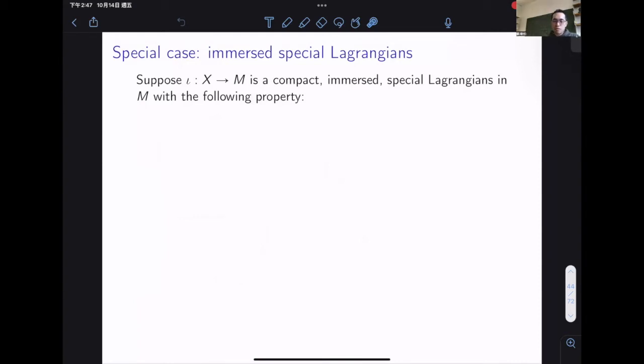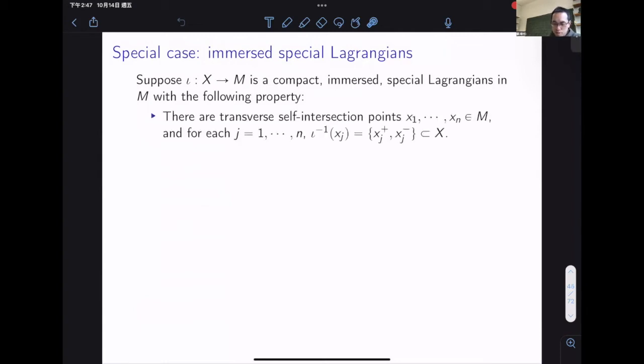Okay, so let's look at the special case, in which we assume our special Lagrangian with isolated conical singularities is actually an immersed special Lagrangian, and satisfies some additional condition on the angles of the tangent planes at each immersed point. Let me explain this now.